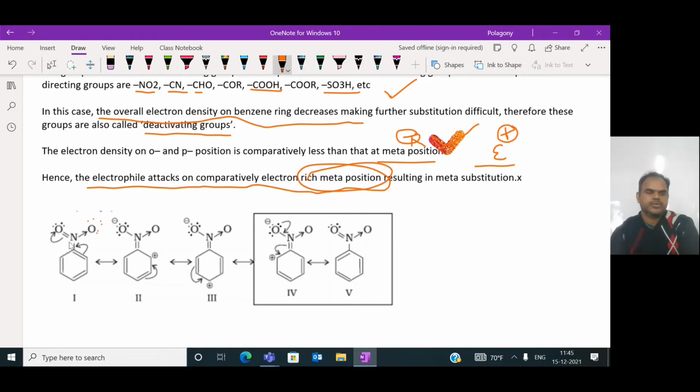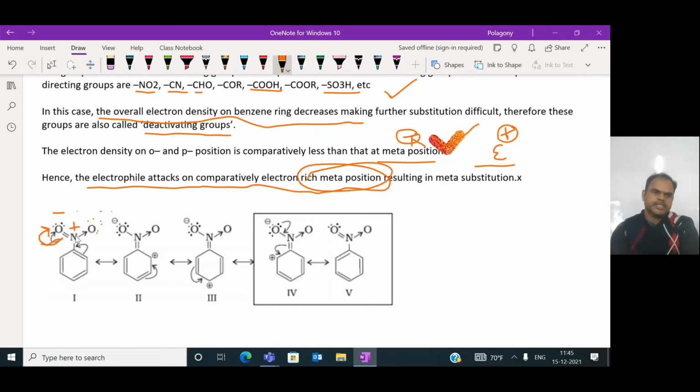Now this is the NO2 structure. Since the pi bond resonates with the lone pair, this pi bond moves onto this oxygen. When oxygen gets negative, nitrogen gets the positive charge. This is the polarization of the pi bond.